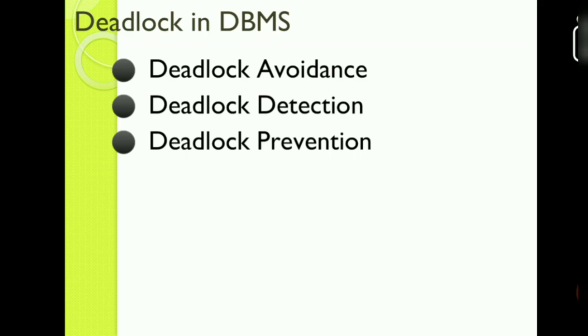If there is any cycle in the wait-for graph, it means that deadlock occurs. Deadlock prevention means for large databases, if the resources are allocated in such a way that deadlock never happens, then deadlock can be prevented. So these are the three categories of deadlock.